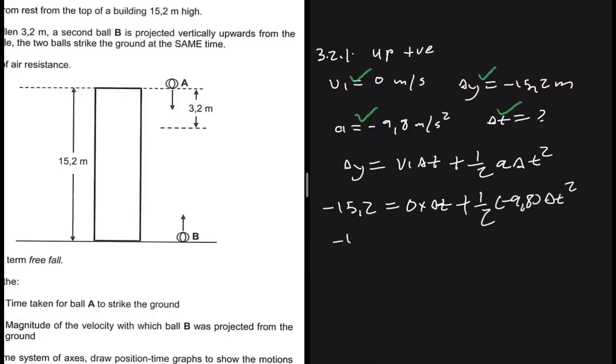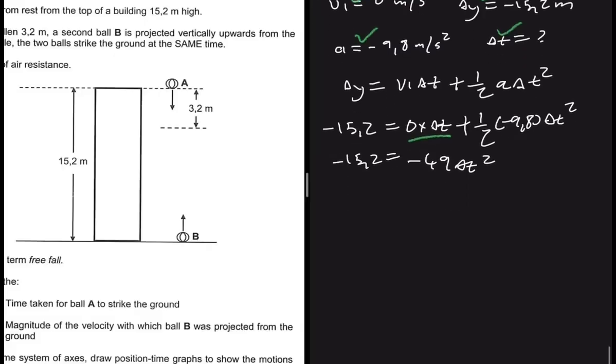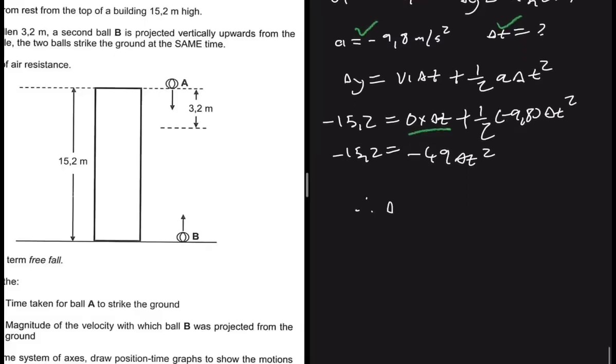So we're going to have minus 15.2 being equal to, this term falls away, we just have minus 4.9 delta t squared. So it's easy to see now that delta t will be equal to the square root of 15.2 divided by 4.9.